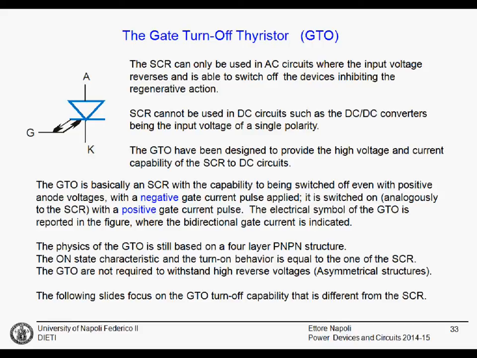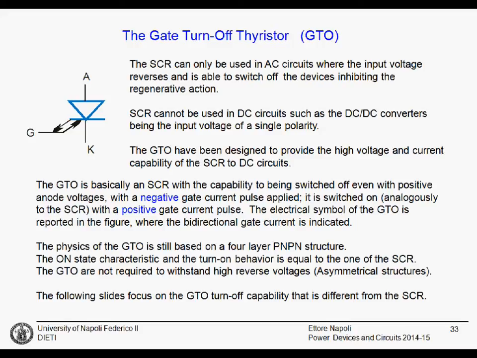However, for high power and circuits working with DC input voltage, there is no other way than using a different device, and this is the device. The resulting device has been the GTO, that is used for DC circuits, and it is still a device with a very high power capability, high current capability.